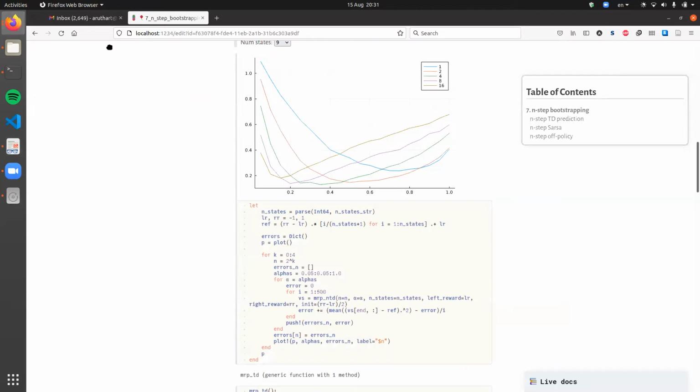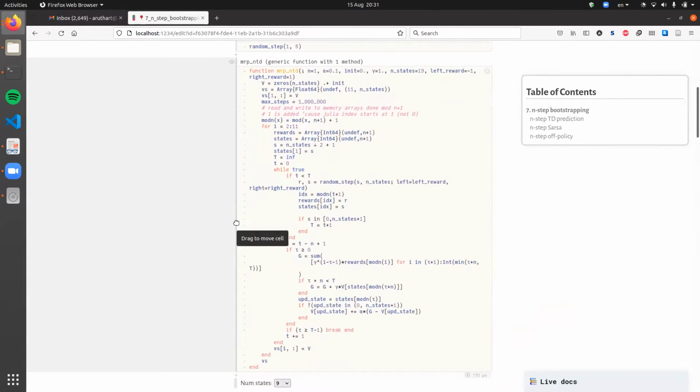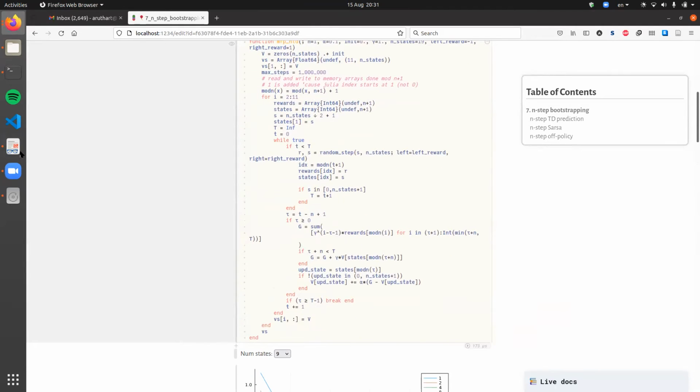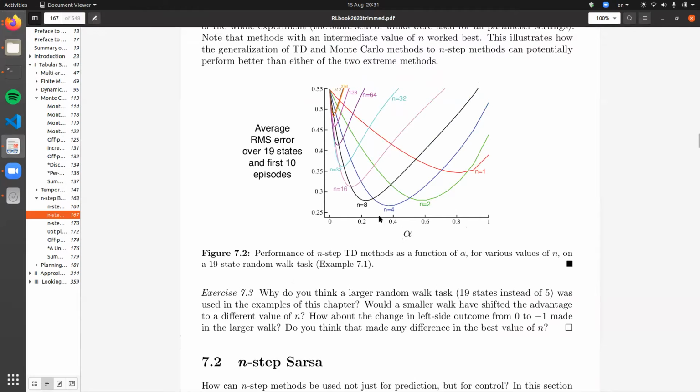Yeah, and I have an implementation for this task with a small modification. In the book, they average over the first 10 episodes.